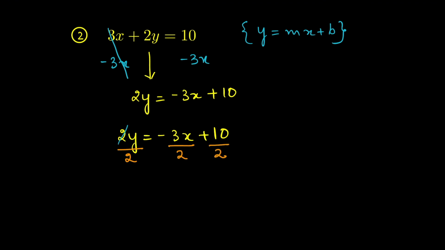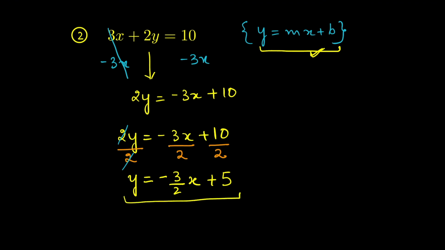Now here 2 and 2 cancel out. So we rewrite the equation, y equals minus 3 over 2 x, and 10 over 2 is 5, so we write plus 5. Now we get the equation in this form. If we compare y equals mx plus b with this one, we can see the value of m.